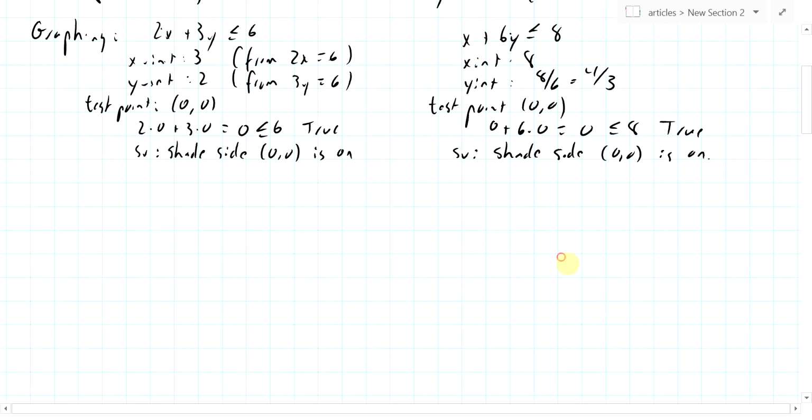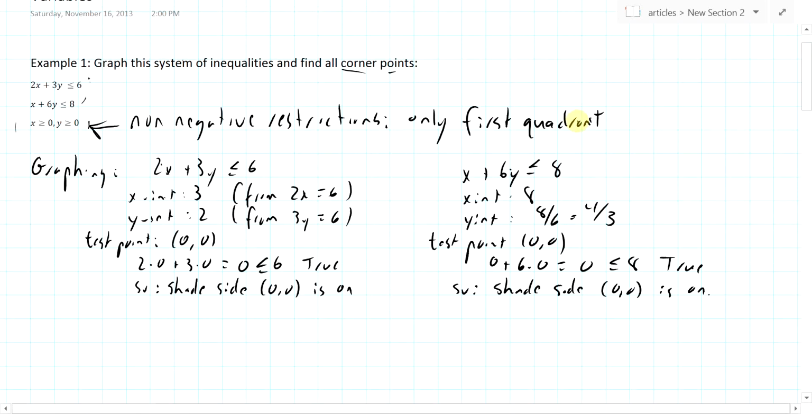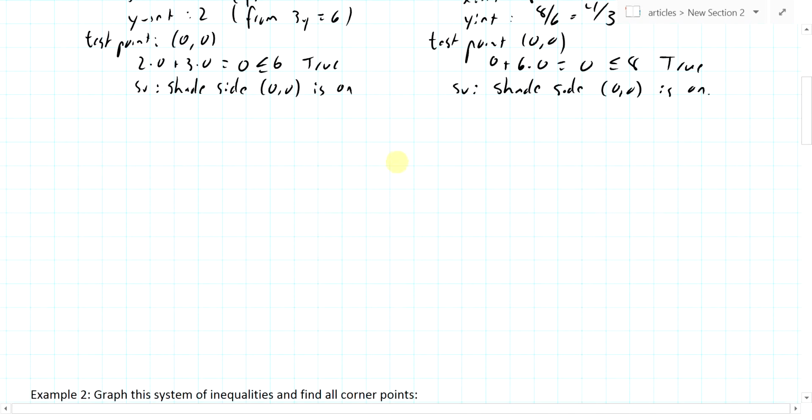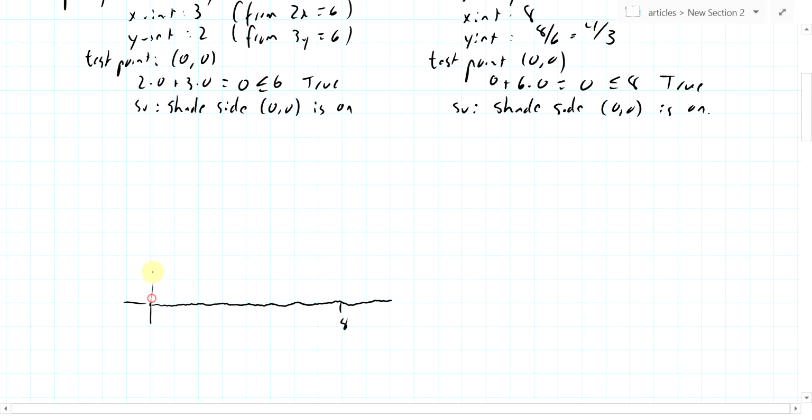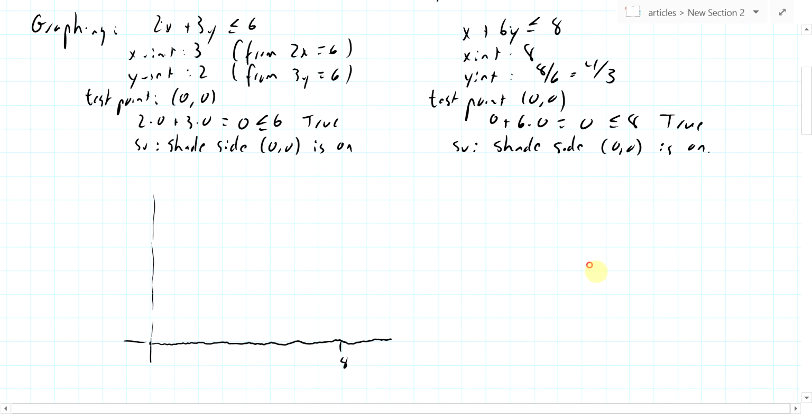So, to graph this, what do I need? I need an x-intercept of 3, y-intercept of 2, an x-intercept of 8, and a y-intercept of 4/3. Only the first quadrant, so I don't need to have any kind of negative things going on here. So, we'll put my origin here. 2, 3, 4, 5, 6, 7, 8, so 8 is there.